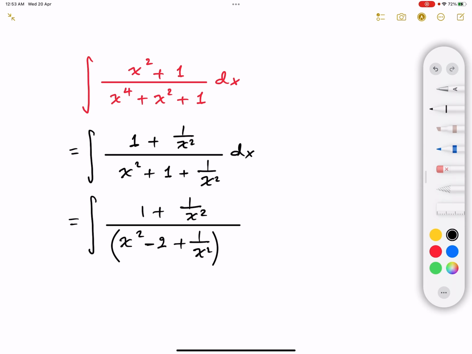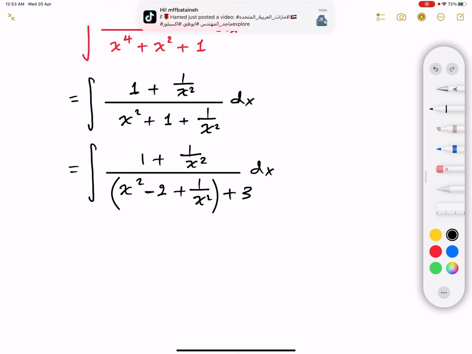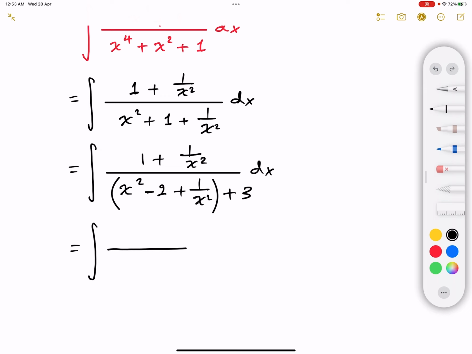And since we subtracted 2, then we have to add 2 so that the quantity does not change. And we already have 1, so 2 plus 1, that's going to give us plus 3. dx, of course.